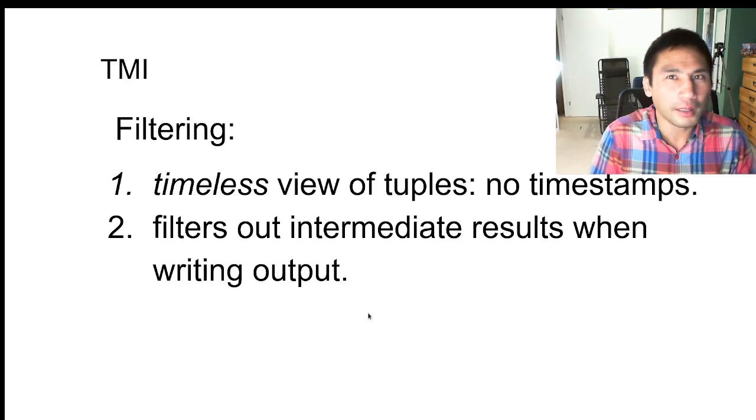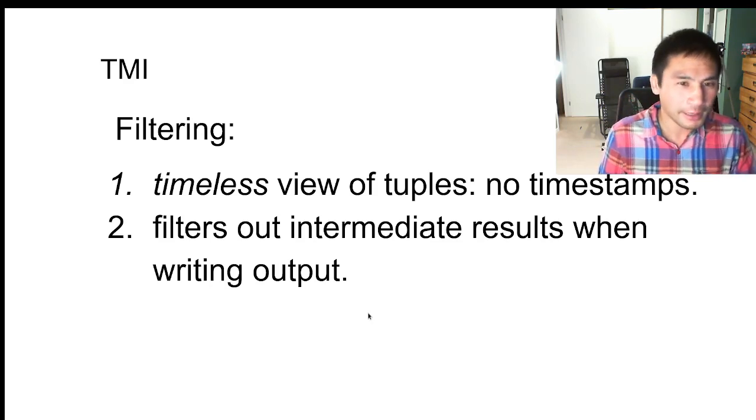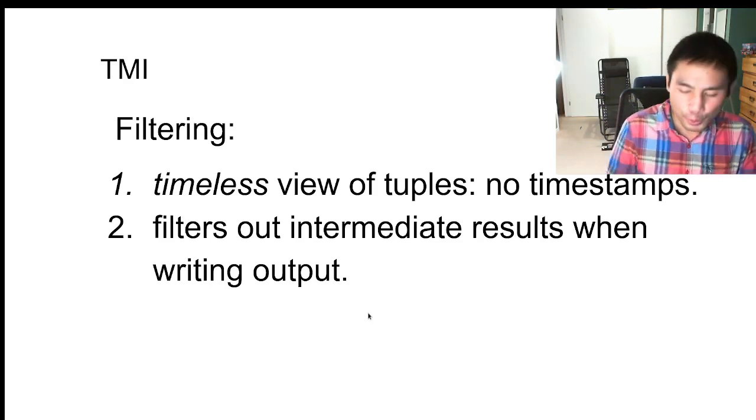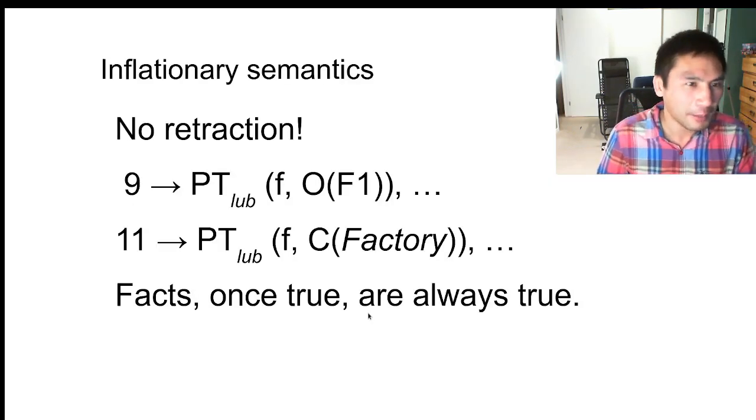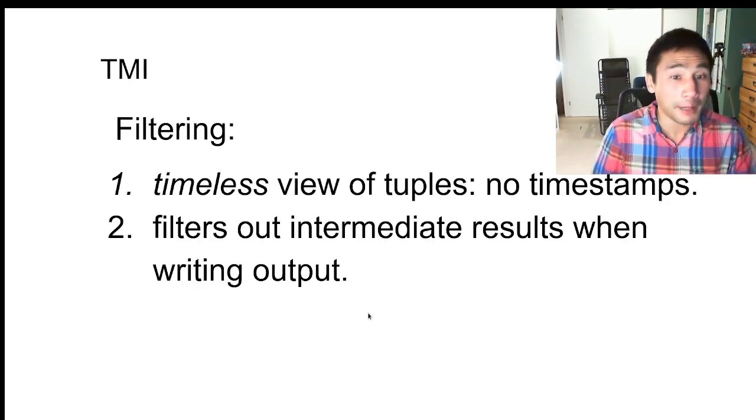And maybe that gives you TMI. You actually get more information than you can deal with. So how do they do that? They have filtering and a timeless view of tuples, so no timestamps. And also, they filter out intermediate results when they're writing output. So you have all these things which are true at some time, like PT F O of F1, but when you actually get the output, you just hide that.